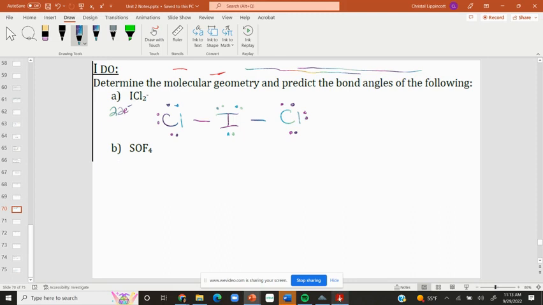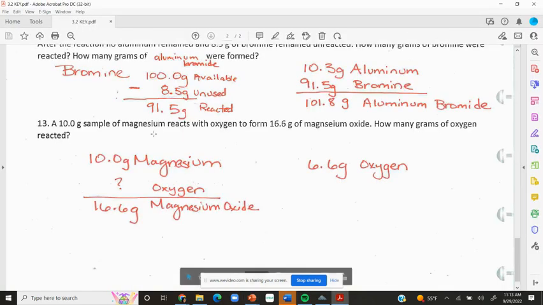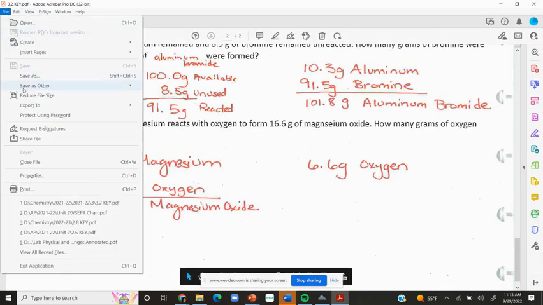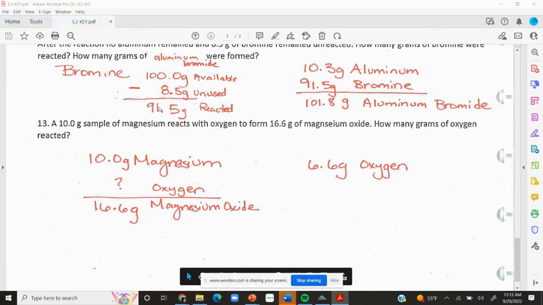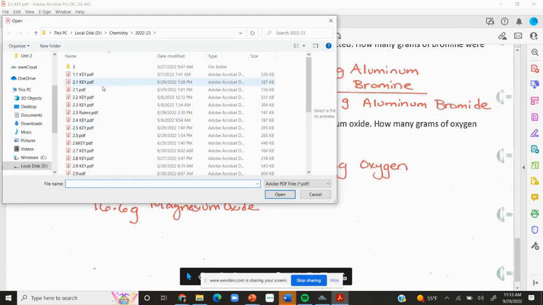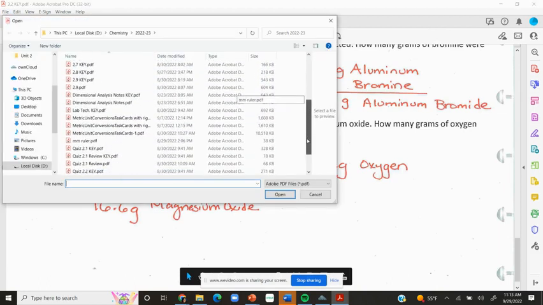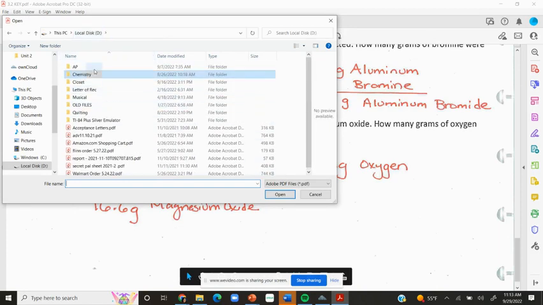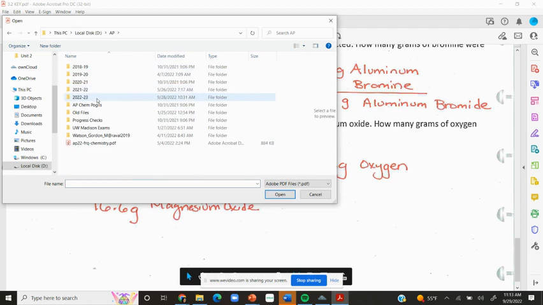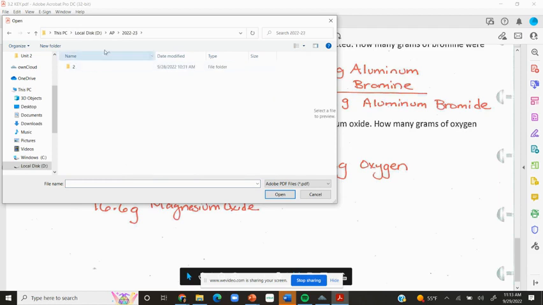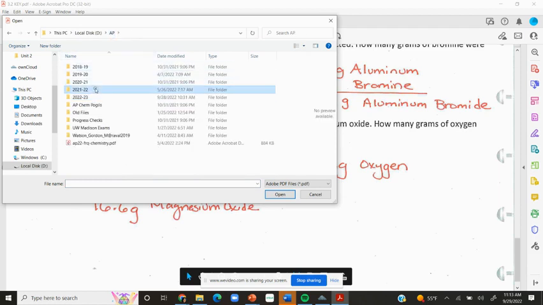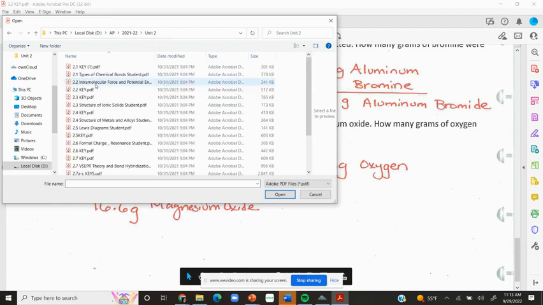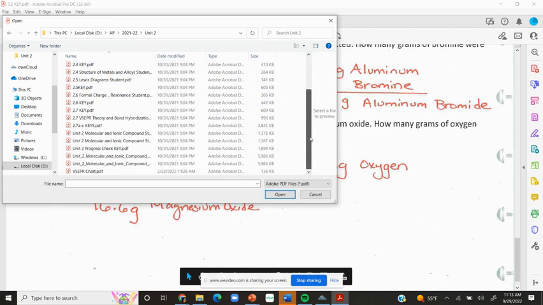We need to go back to our chart from yesterday and figure out what this geometry is. Isn't it linear? No, wait, it's linear. I mixed them up.